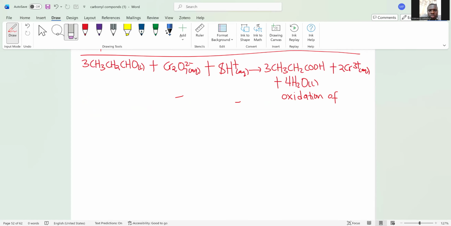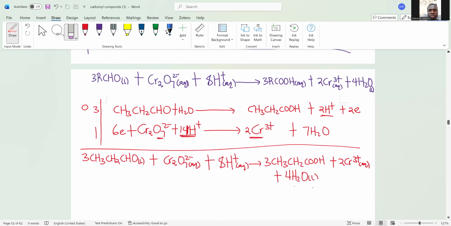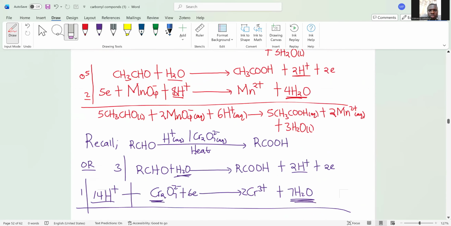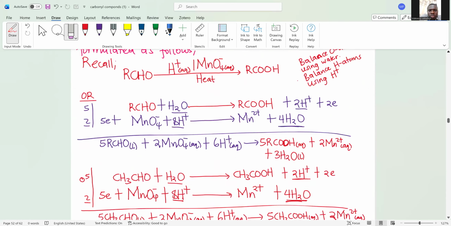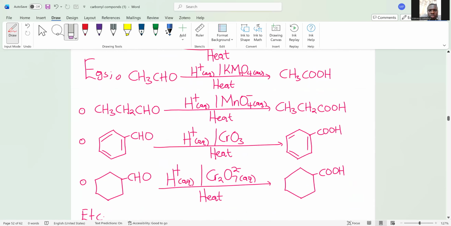Ketones are not oxidized. I think I was recording a secondary alcohol, because secondary alcohols are oxidized here. Ketones are not oxidized here. So we have seen this.